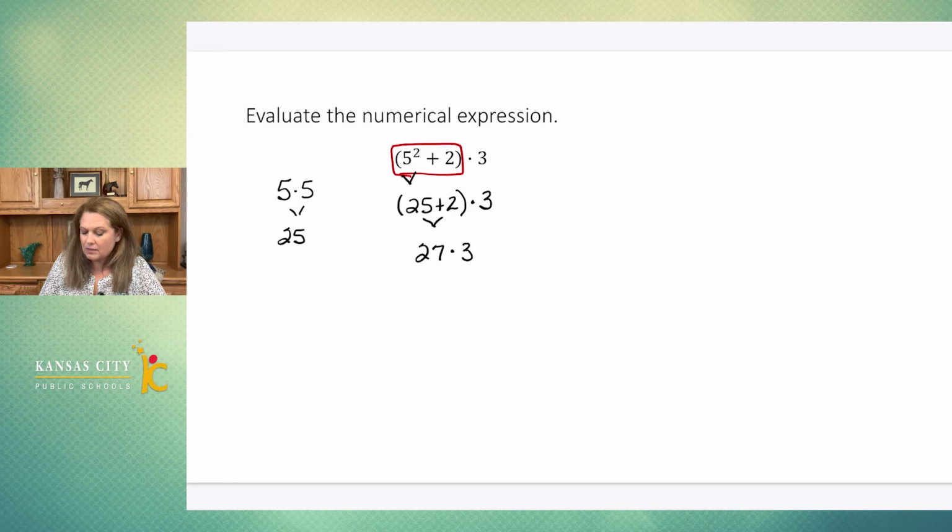And then we're going to multiply that times 3. So 27 times 3, hope you got 81. So our answer is 81, and that is our final evaluation for our expression.